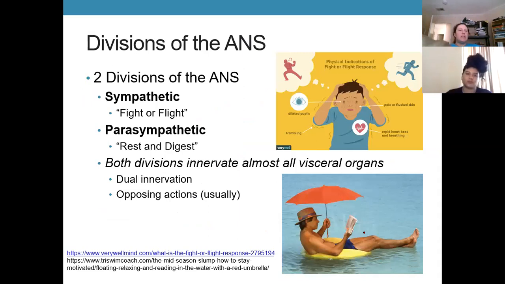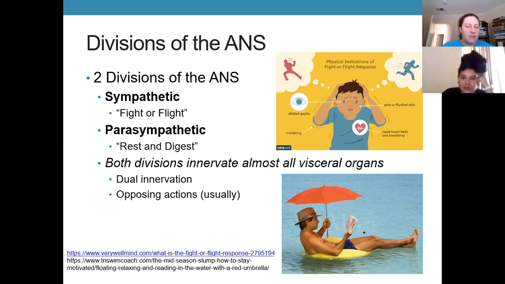So the autonomic nervous system itself has two opposing divisions. The sympathetic is, we kind of abbreviate it as fight or flight, although there's a lot more to it than that. And the parasympathetic, we say rest and digest, because fight or flight was coined a long time ago, and people wanted something equally catchy for the opposite division, so they kind of came up with that.